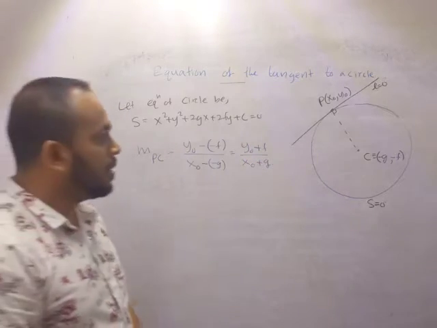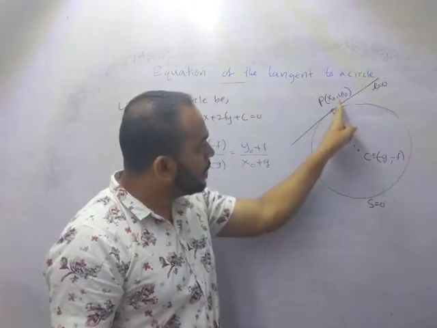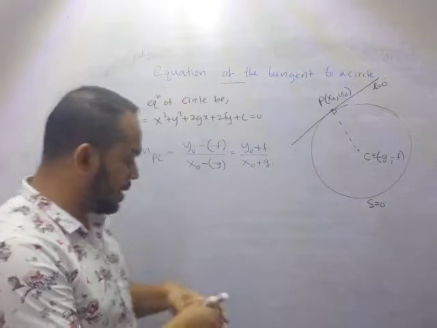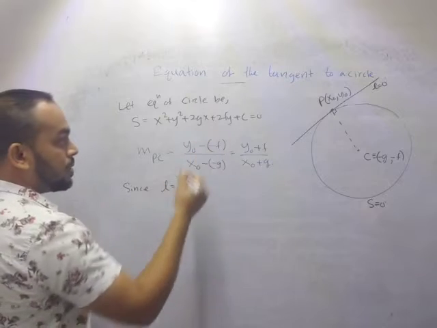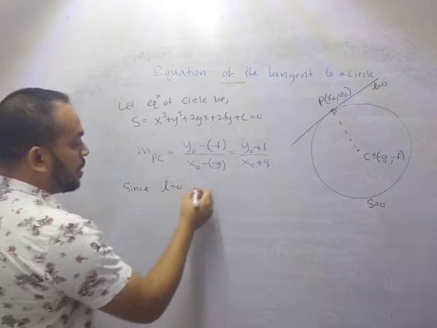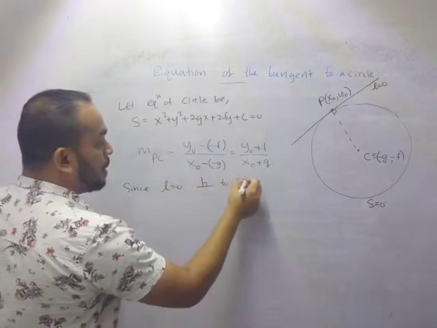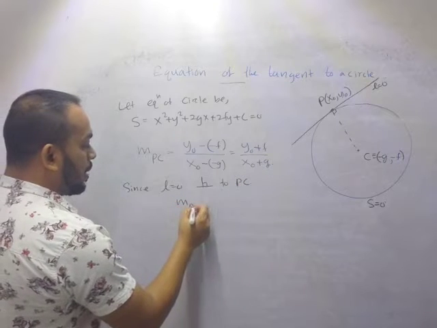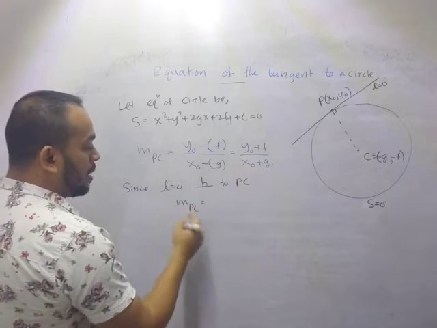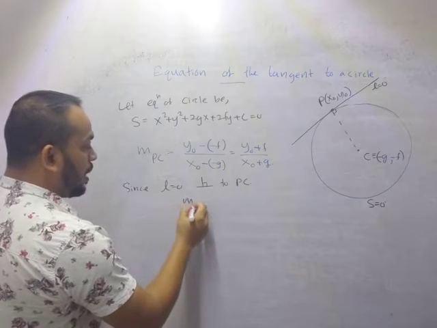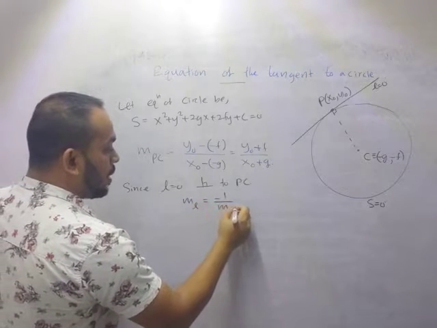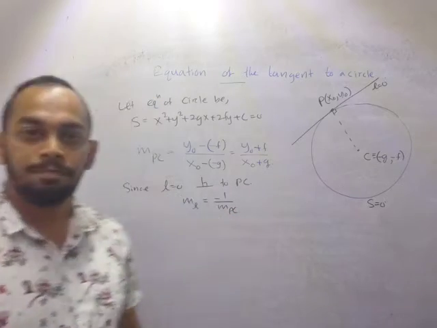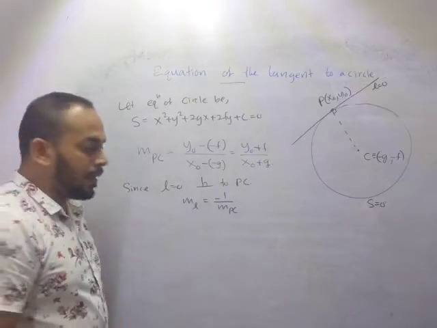This is the gradient. Now you know that if this is a tangent, it would be perpendicular to PC. Since line L equals 0, I'm just going to give it a name, is perpendicular to PC, the gradient of the line must be equal to minus 1 over the gradient of the line PC. This is a well-known fact.